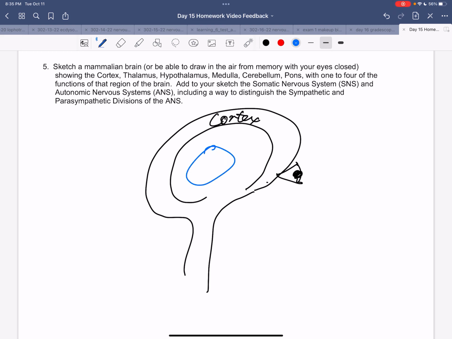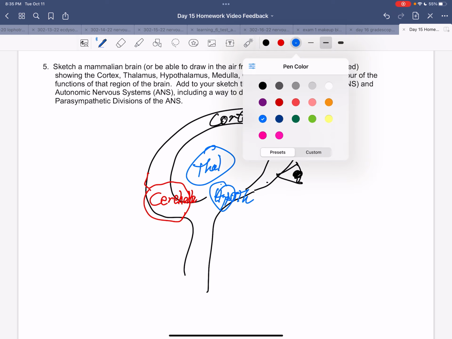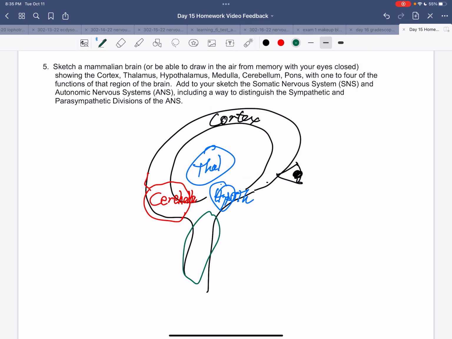The thalamus, the hypothalamus, cerebellum, the pons, and medulla.